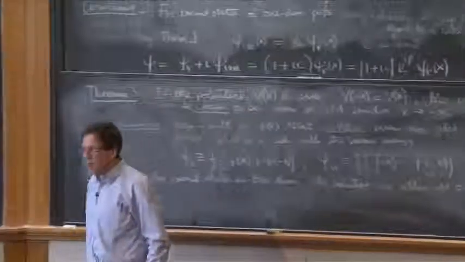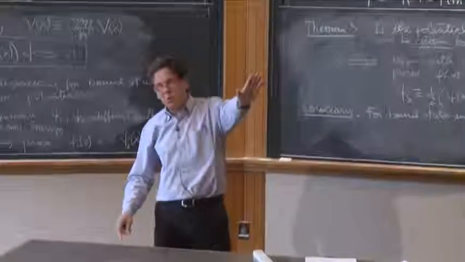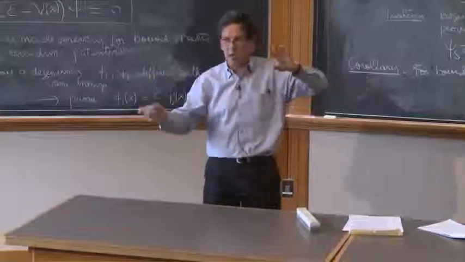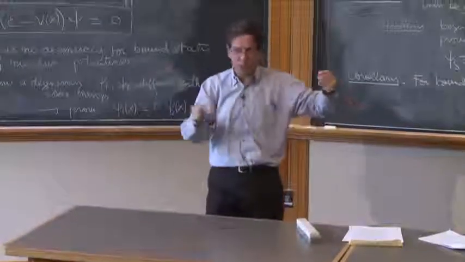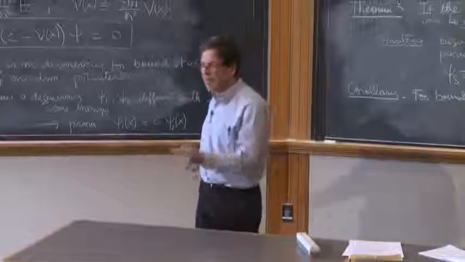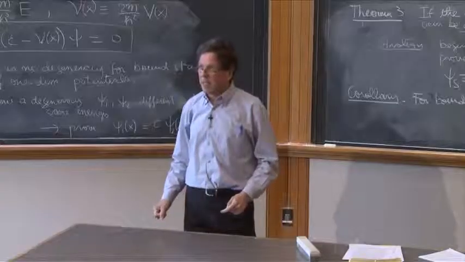So it's a lot stronger. It's not anymore that you can choose them to be, but a general one is neither odd nor even. You try to find a solution that is neither odd nor even, and you can't find it. So it's very strong. Yes?